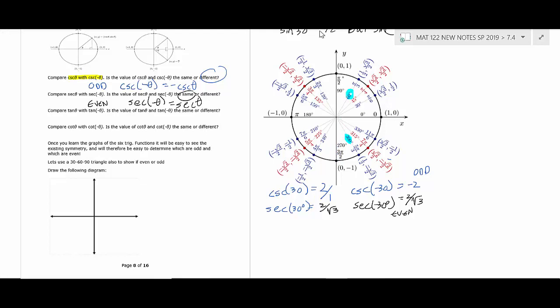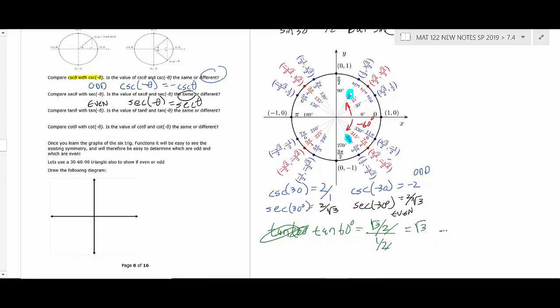You would have 60 degrees here and then negative 60 degrees here. What we know is the tangent of 60 degrees is y over x. So it would be root 3 over 2 all over 1/2. So that's equal to root 3.